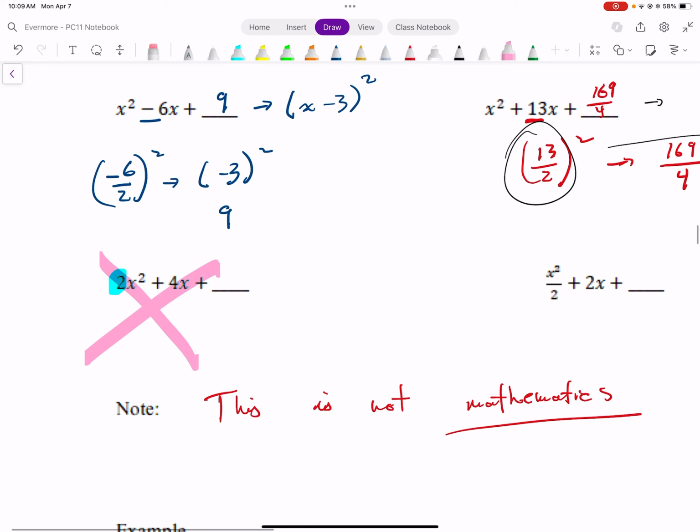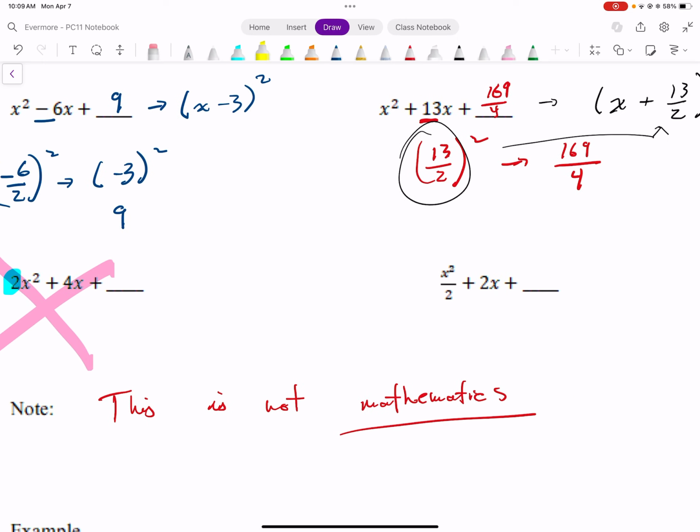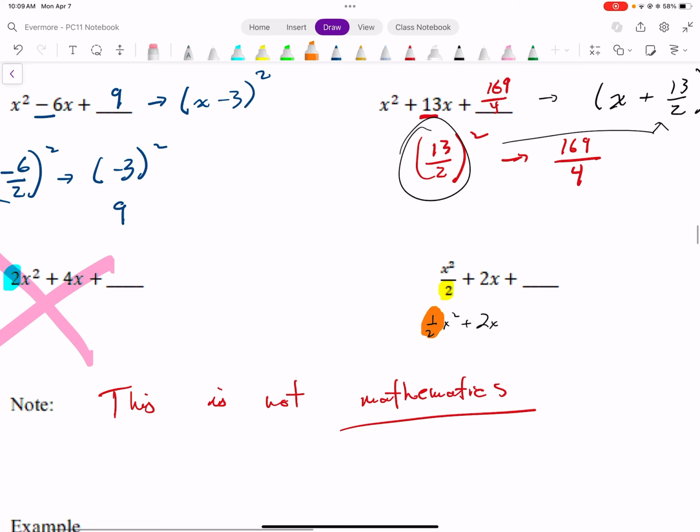Okay, moving on. Here I could rewrite this as 1/2 x squared plus 2x. Well, here, the coefficient is 1/2. I'm going to choose not to do it.